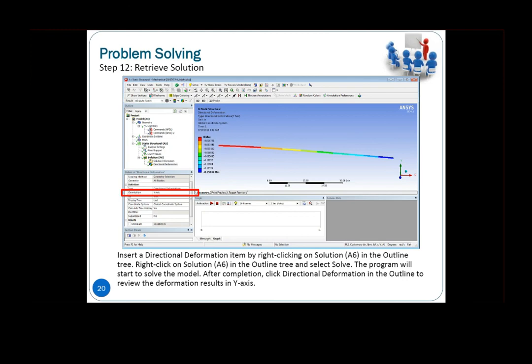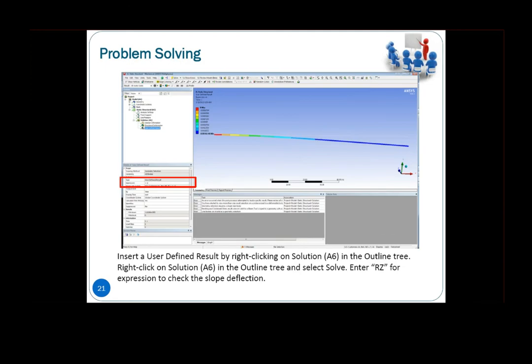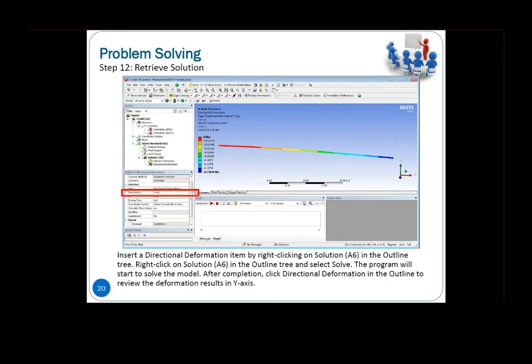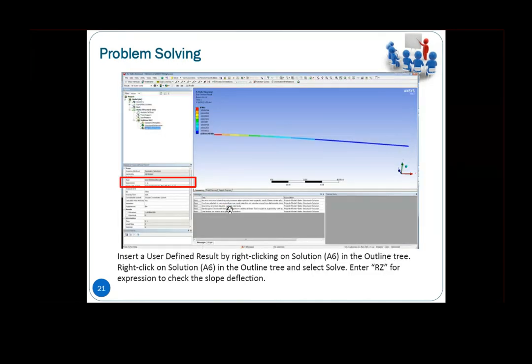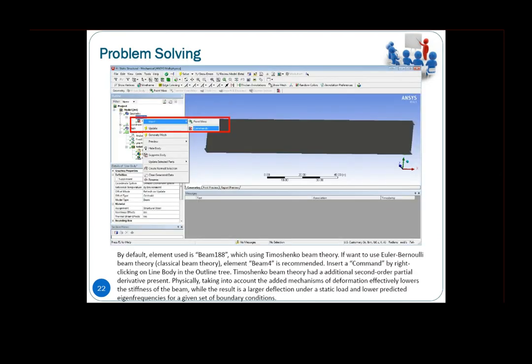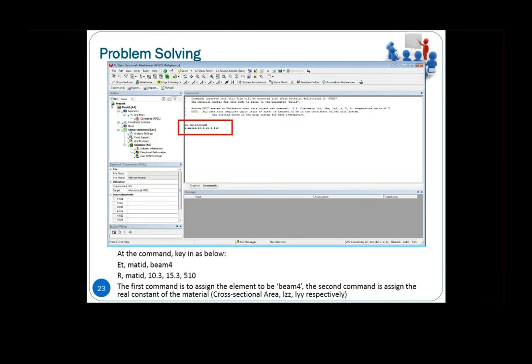So we can find out that the directional deformation is around 0.016, right? And also we can look into its rotations. Here about the z-axis is also the slope. Then you can compare.